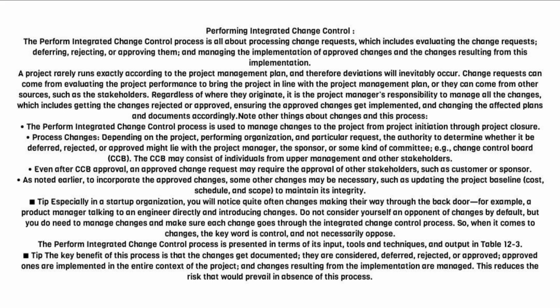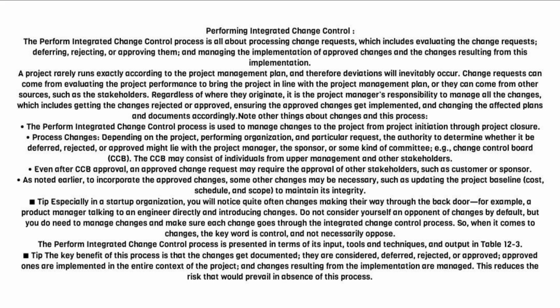Depending on the project, performing organization, and particular request, the authority to determine whether a change is deferred, rejected, or approved might lie with the project manager, the sponsor, or some kind of committee, for example, the Change Control Board, CCB. The CCB may consist of individuals from upper management and other stakeholders.